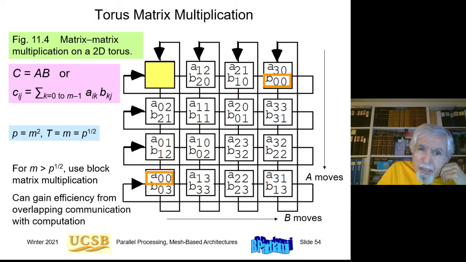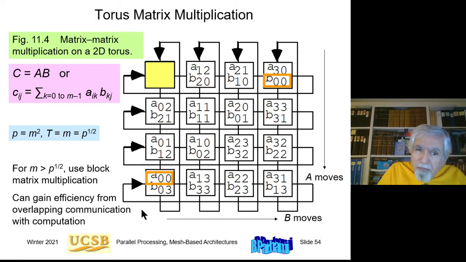Then the A values rotate column-wise, so the next value to come here is A01, and the next B value comes from here, B13. So A01, B13. Then A02, B23. And then A03, B33. So all 4 multiplications take place in the cell and they're added together.